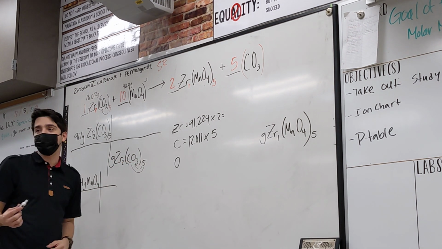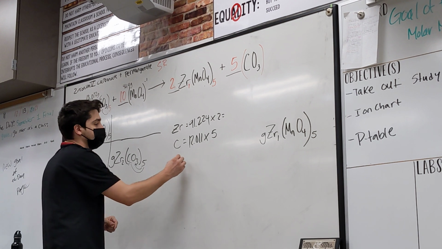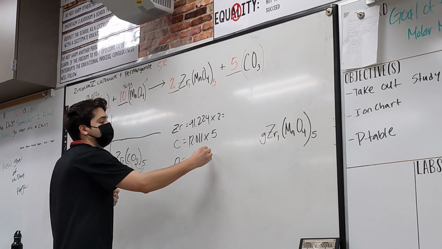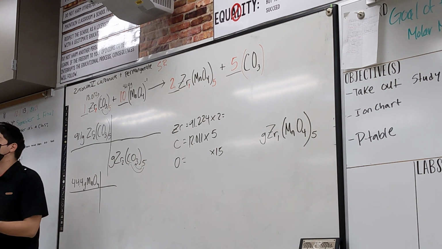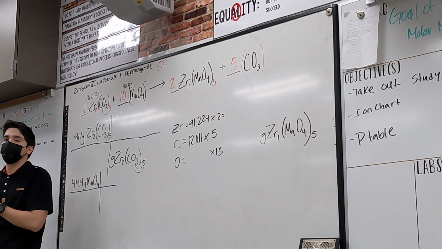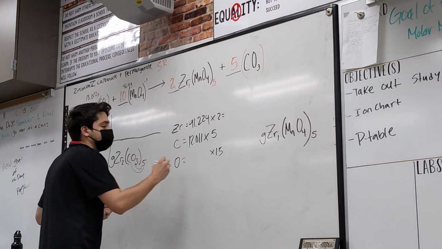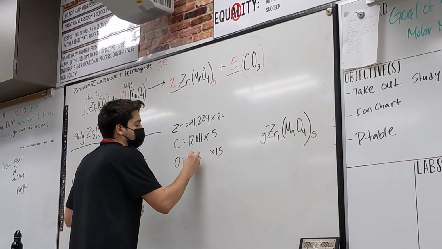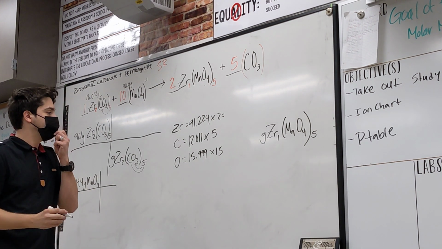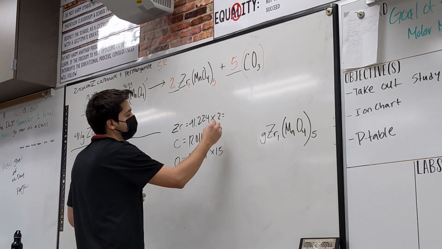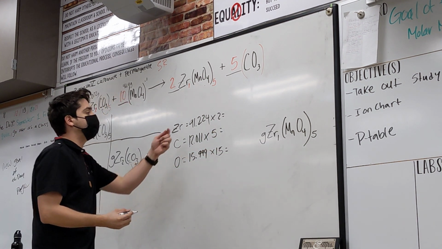Good job, Marvin. All right, so 5 times 3 is 15. So we got 15 right here. So what's the value of oxygen? 15.999. All right, good job, Luis. So 15.999 times 15.